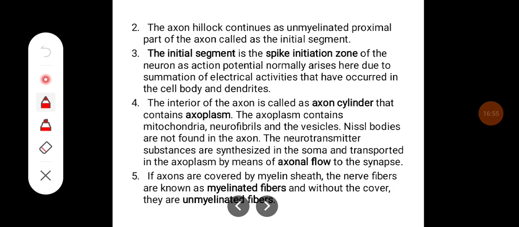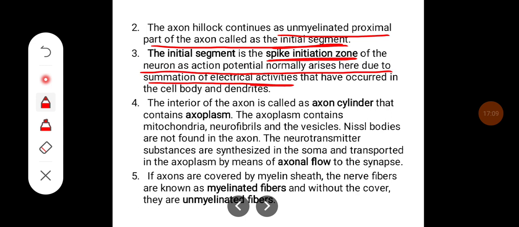The axon hillock continues as unmyelinated proximal part of the axon called as initial segment. The initial segment is the spike initiation zone of the neurons, as action potential normally arises here due to the summation of electrical activities that have occurred in the cell body and dendrites. The interior of the axon is called as axon cylinder that contains axoplasm.